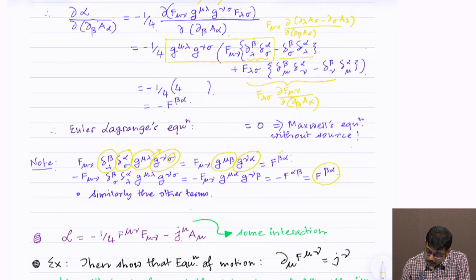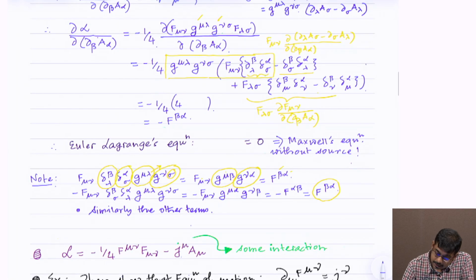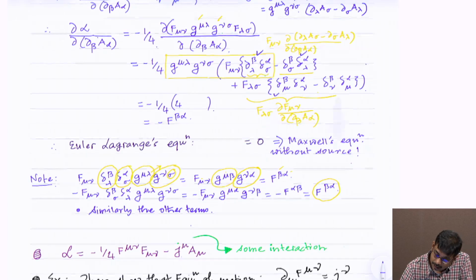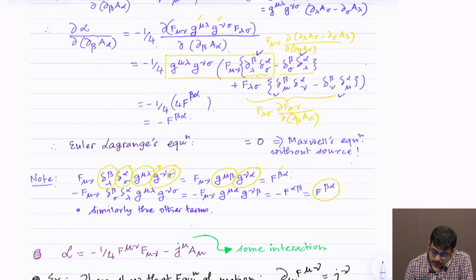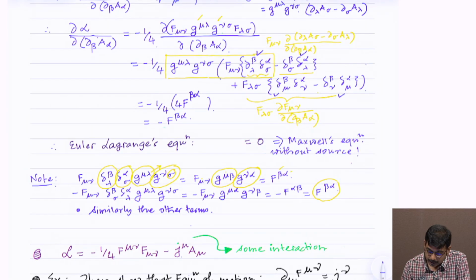You can do this calculation, but the bottom line of the whole thing is that these four quantities we actually found are all the same, and all equal f beta alpha, and that is amazing. So this is basically saying that del Lagrangian of del beta A alpha is nothing but minus f beta alpha.